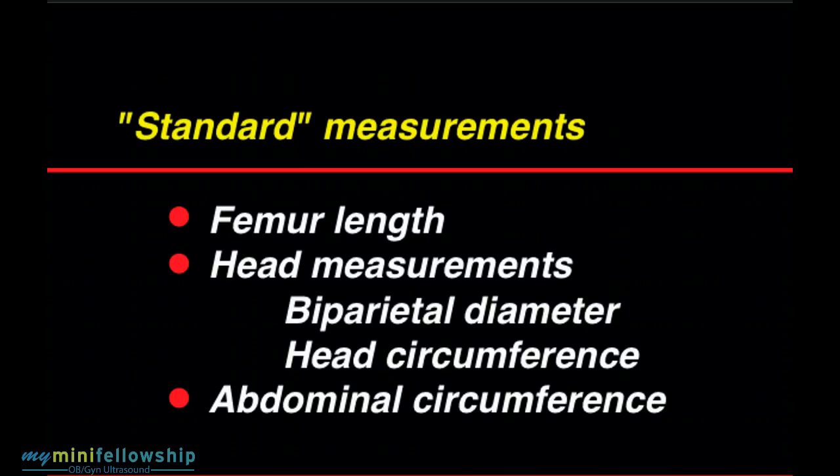Again, it is not necessary for me to tell you what the standard measurements are. We have a femur length measurement, two measurements of the head that are typically taken, the biparietal diameter and the head circumference, and then finally the abdominal circumference.